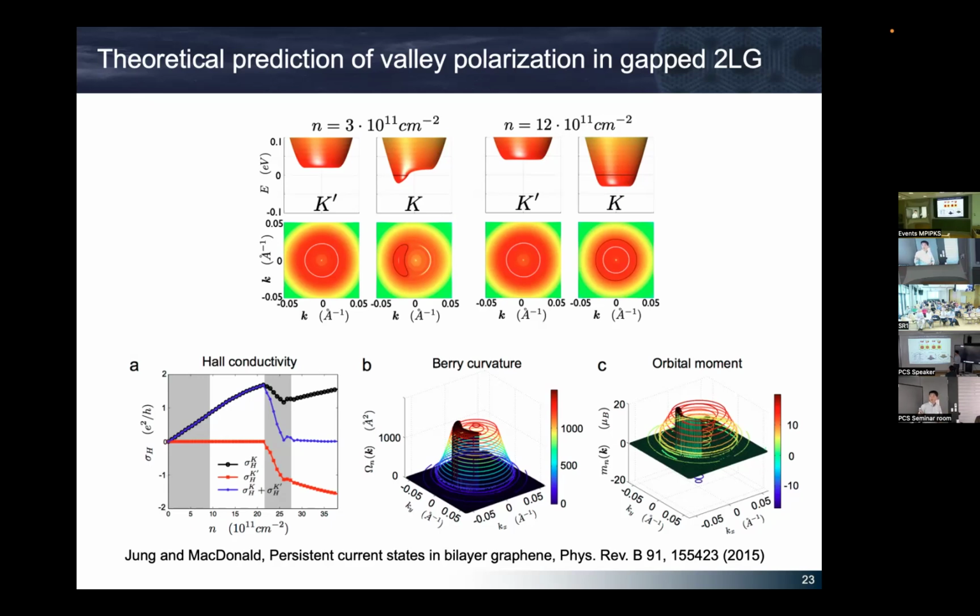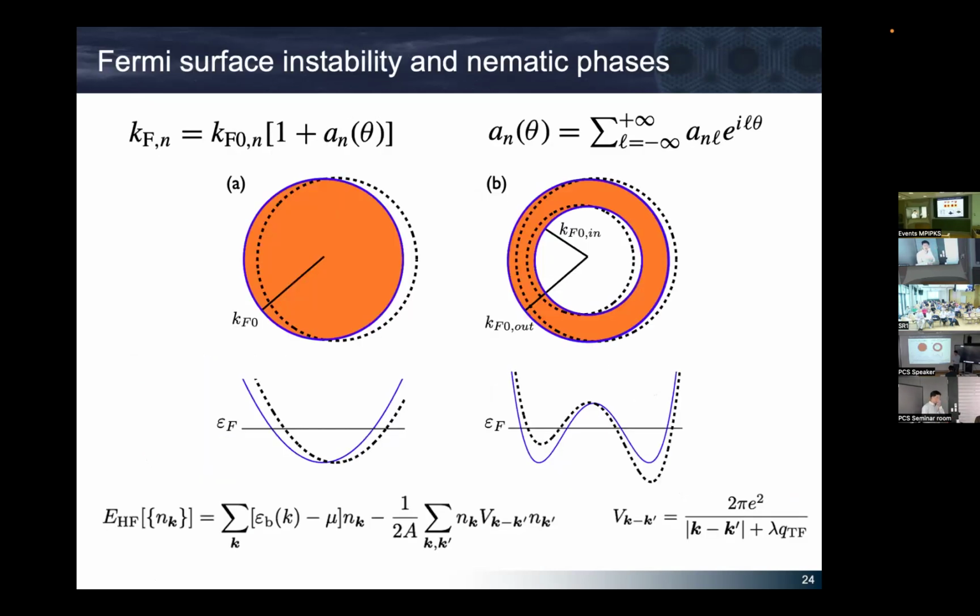Whereas when we keep increasing the doping in the system, we only get valley polarization, which eventually restores back to the evenly spin valley polarized ground state.